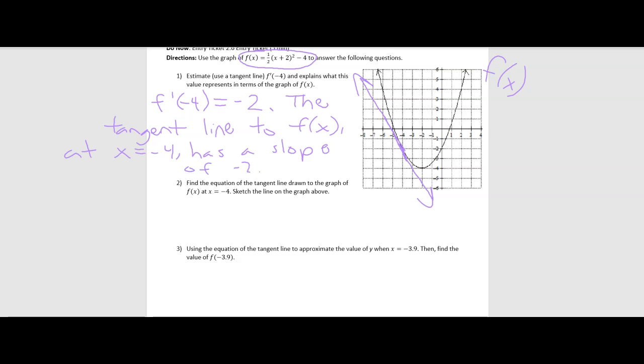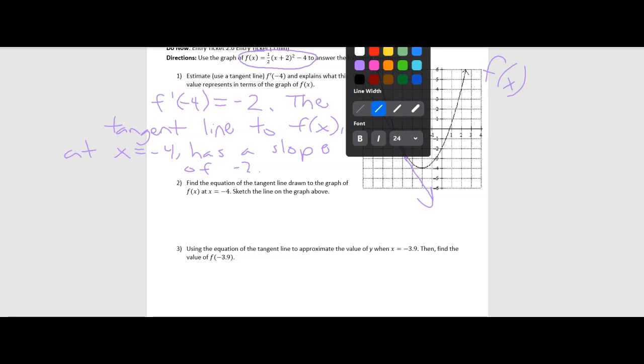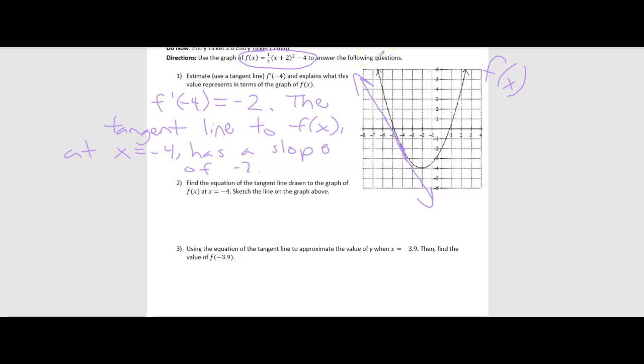All right. Number 2 says, find the equation of the tangent line drawn to the graph of f of x at x equals -4. Sketch the line in the graph above. So we need to figure out a few things. When we are trying to find the equation of a tangent line, we're going to start off with point slope form.